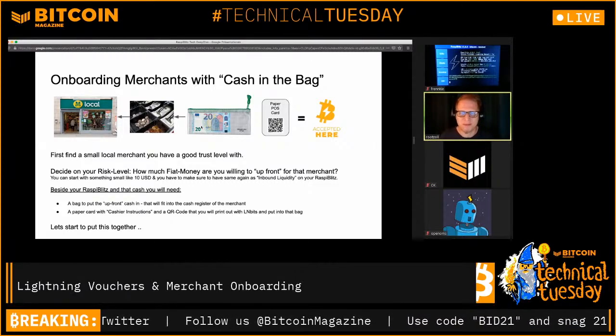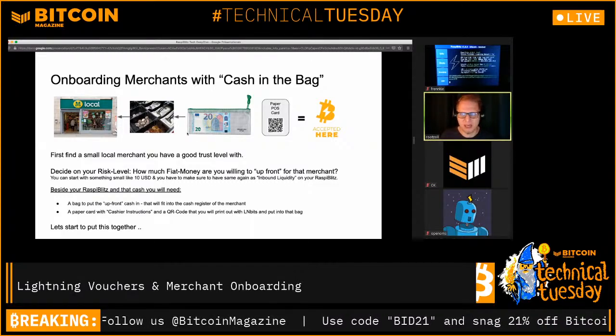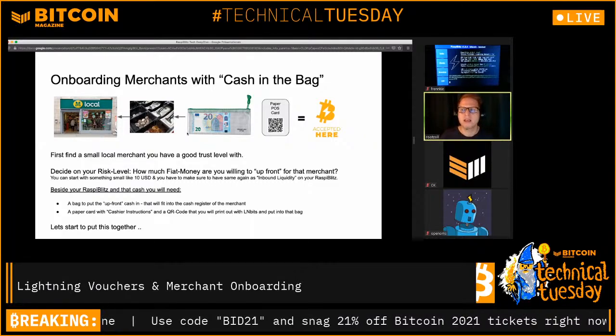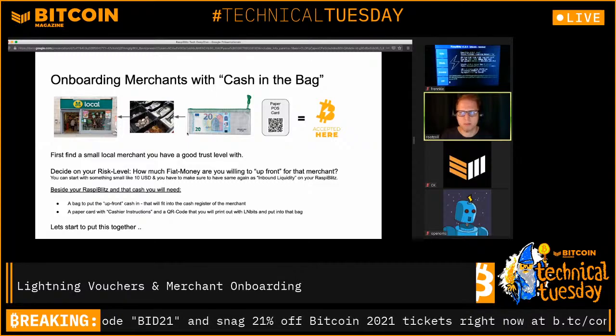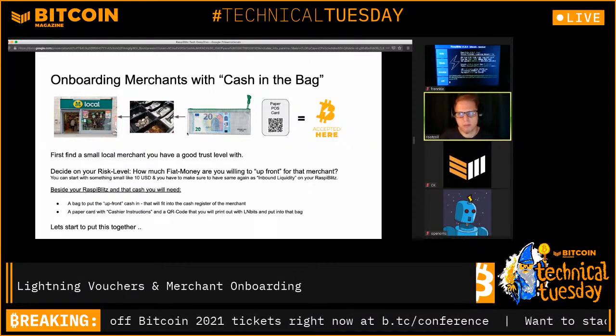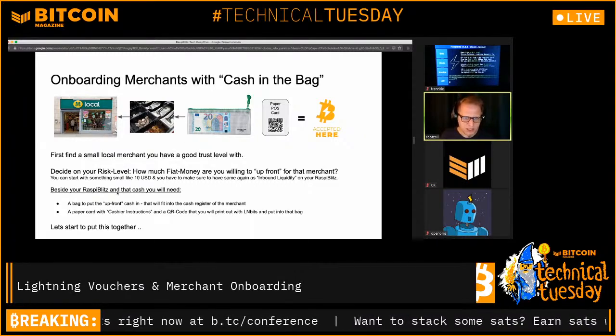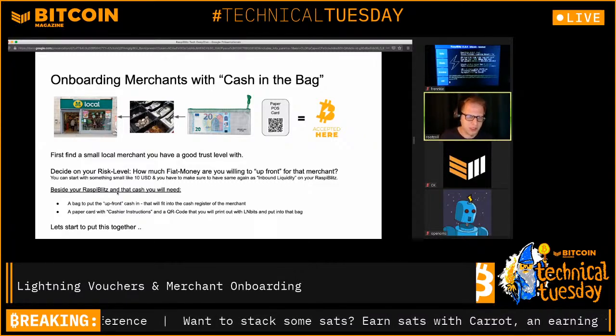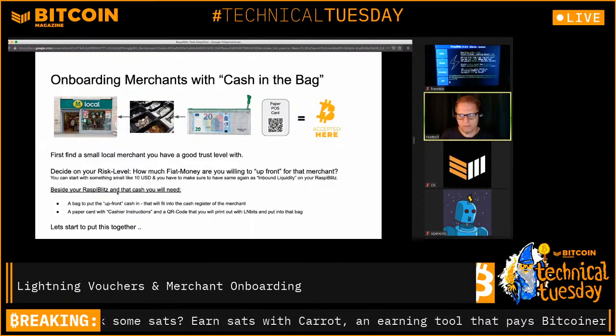But it's your local merchant, and you can really start low, for example with $10 US or something. So don't get too crazy in the beginning, just be experimental, and it's just about onboarding with small amounts. So it should be possible to take the risk of $10 US here. Beside your RaspiBlitz and that cash, you need a bag, but that's quite cheap. You put the cash in there, and the bag should fit best in the register of the merchant.